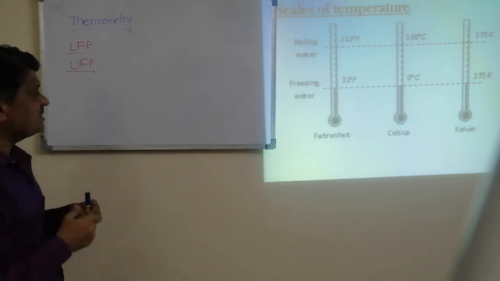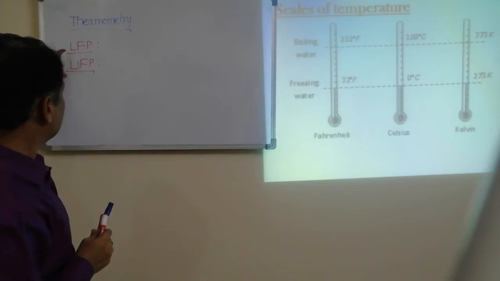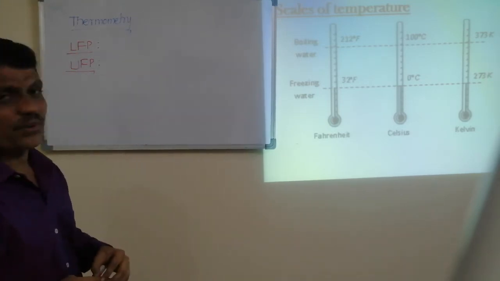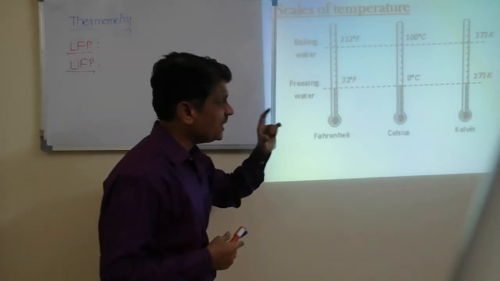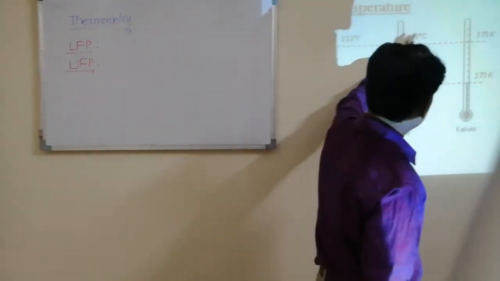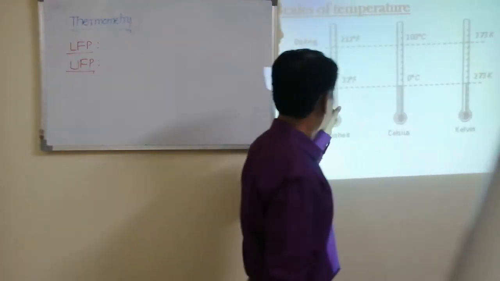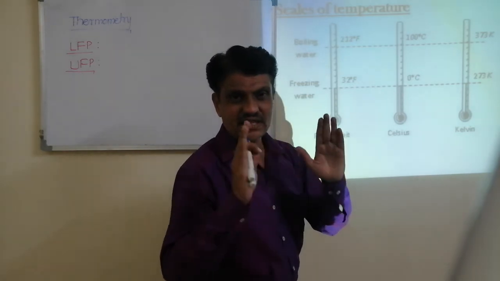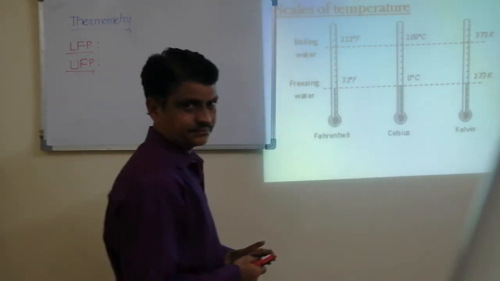For any scales, the lower fixed point and upper fixed point are the same. The only difference is the number of divisions made between the upper fixed point and lower fixed point. That will differ in different scales.